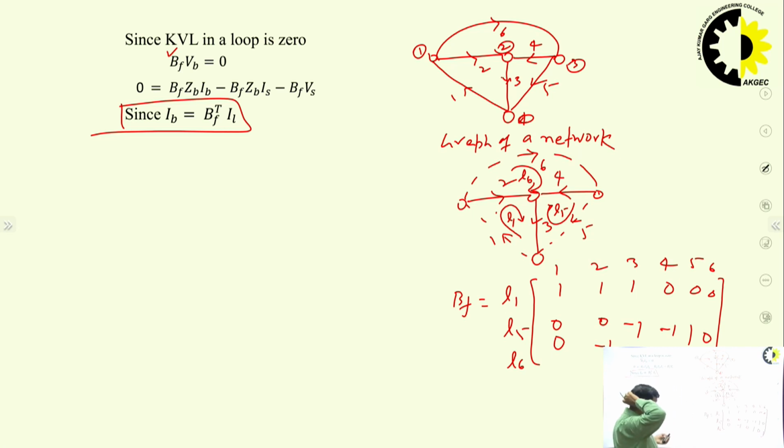You can refer to my video lectures on all the matrices for how to write them. So this is the branch current: I1, I2, I3, and these are the link currents IL1, IL6 and IL5. This is the relationship between the branch current and link current.